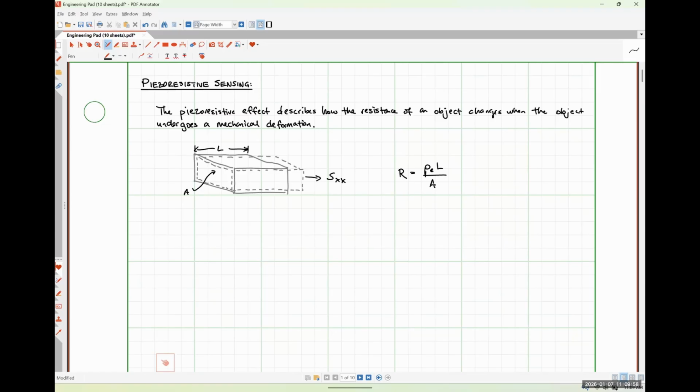Okay. So from this, we would observe a fractional change in resistance.